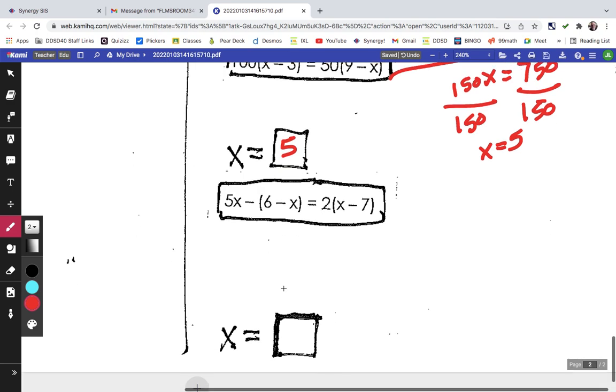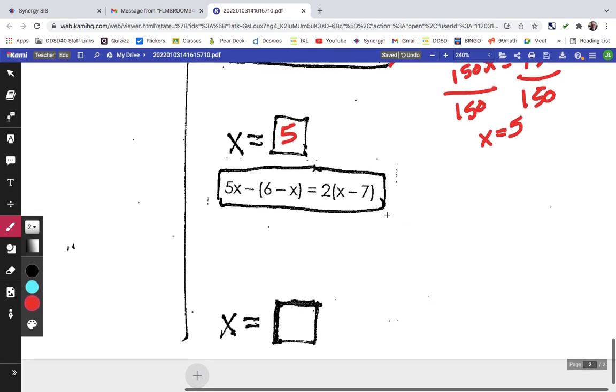And the last bonus one, I'm going to do 5x, and I'm going to get rid of these parentheses by doing 5x minus 6, and minus a negative x is really the same as adding an x. And then I'm going to get rid of these parentheses by doing 2x minus 14.